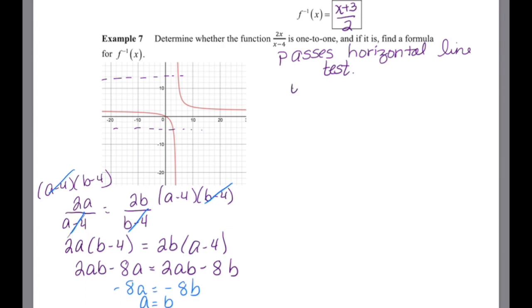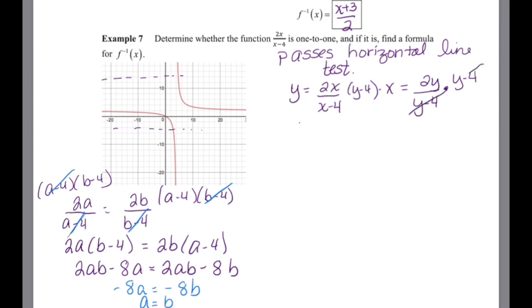Currently, I have y is equal to 2x over x minus 4. I'll swap out my variables. So now I have x equals 2y over y minus 4. To start solving for y, I'm going to multiply both sides by y minus 4 so I can get rid of that denominator.